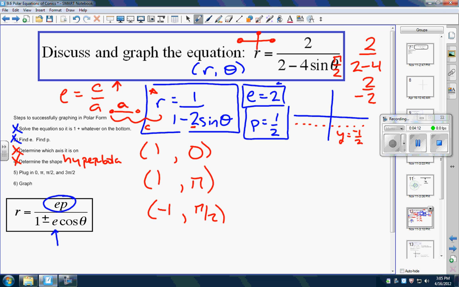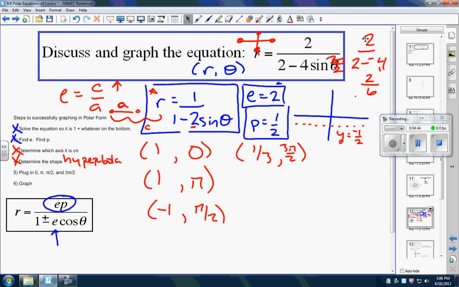So this gives us a -1. And lastly, I'm going to go plug in a 3 pi over 2. Three pi over 2 is down here. Sine of that is -1. So 2 minus negative 4, 2 over 6. So 1/3, 3 pi over 2.